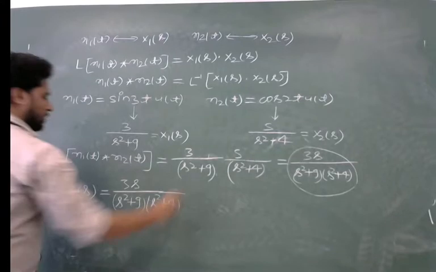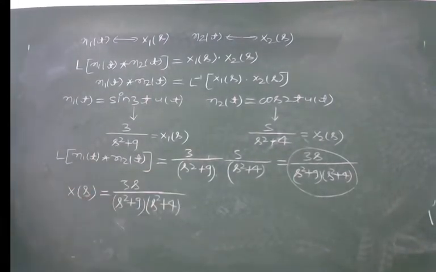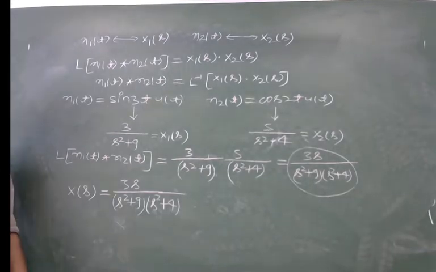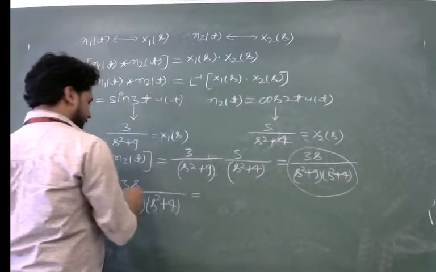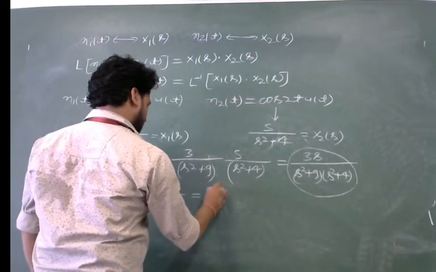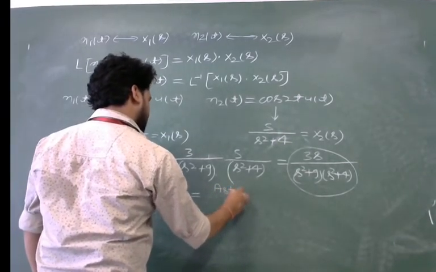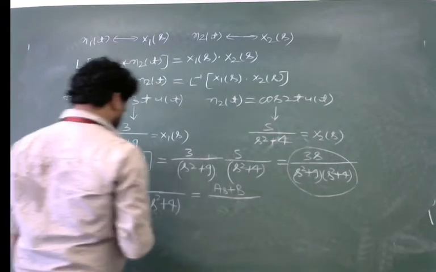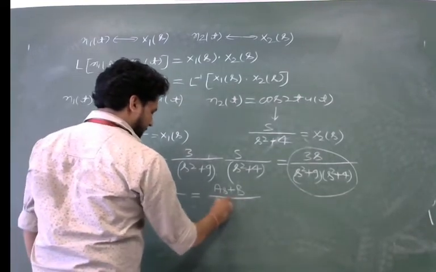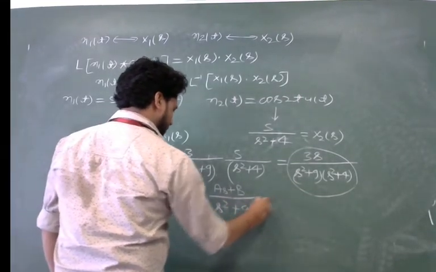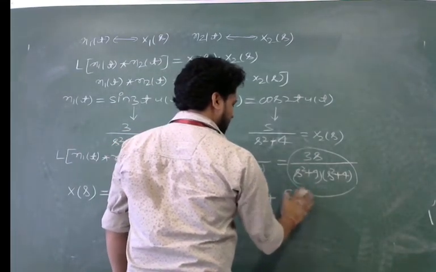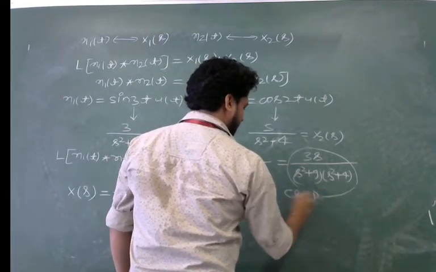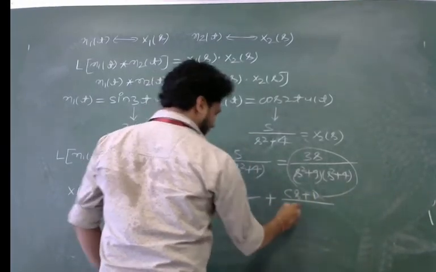So to get the inverse of this, first of all we have to use the concept of partial fraction. So I will write this expression as as plus b upon s square plus 9 plus cs plus d upon s square plus 4.